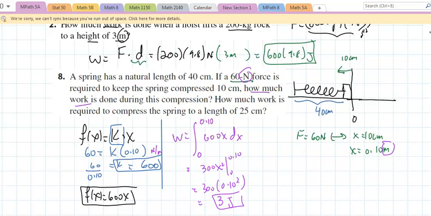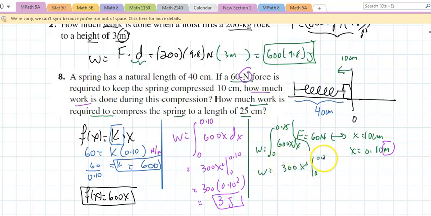And then they ask another question. They say, all right, now, how much work is required to compress this spring 25 centimeters? Well, the work required is going to be the integral from 0 to 0.25 of 600x dx. And the work will be 300x squared evaluated from 0 to 0.25.